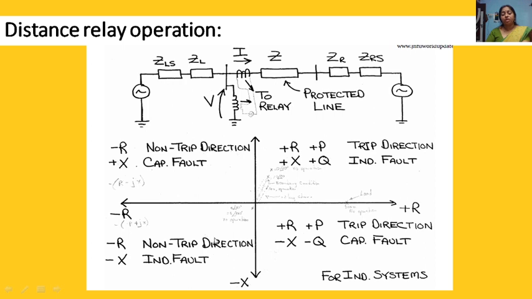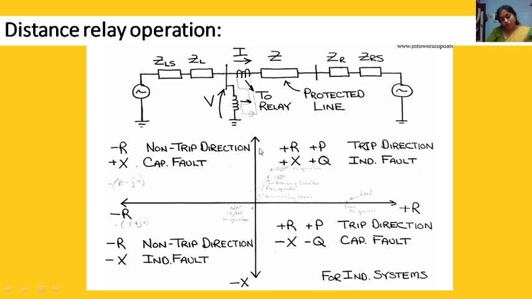Now we can see on the RX plane, this is plus R, this is plus X, this is minus X, this is minus R. For the forward direction, that means plus R and plus X, the relay will operate. Plus R and minus X means capacitive fault. For this, the relay will operate, but we want the relay to operate in this region only.